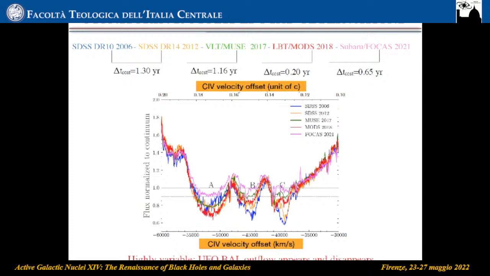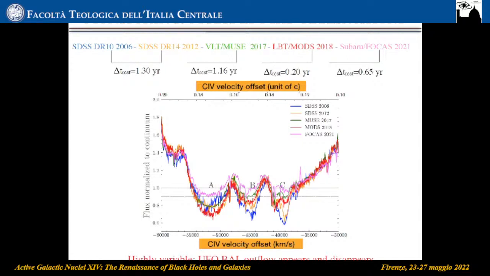As you can see, we have 3 different systems with different velocities, and these BALs are highly variable, both in shape and in strength. In fact, I hope you can appreciate that in the last observation, the BAL totally disappeared.